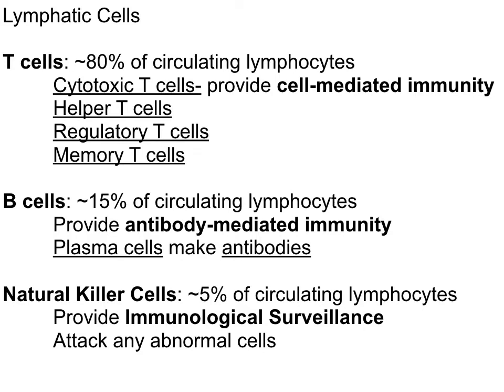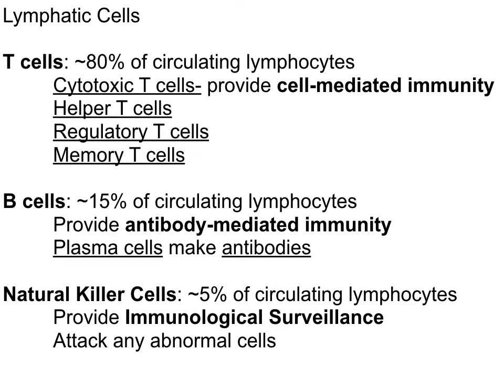So think of the cytotoxic T cells as protecting you against an infection you have right now. That this infection, these infectious pathogens, have invaded cells of your body, and the cytotoxic T cells are killing those infected cells and the pathogens within them. The helper T cells are going to help to turn those defenders on.